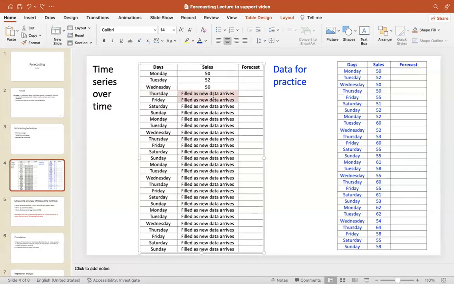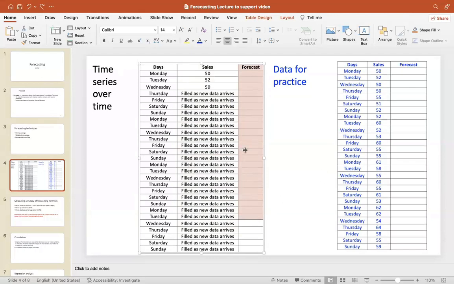Similarly, as data keeps arriving for each day, we will keep filling this column. This column represents actual sales data coming from your systems, and this column is the forecast, which we will make by using mathematical models.